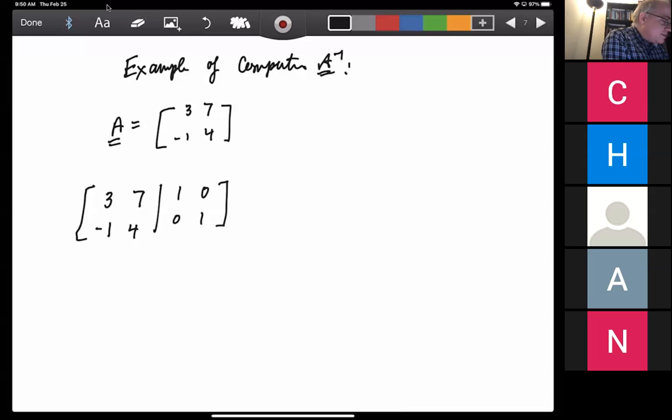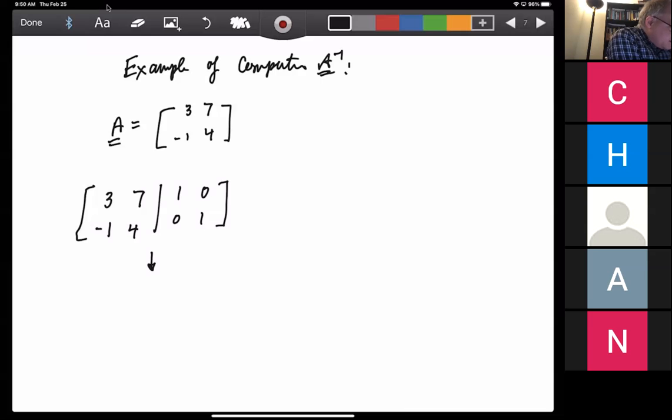We're going to try to get the identity matrix here on the left. Of course, there's not just one way to do this. You can do this in lots of ways.